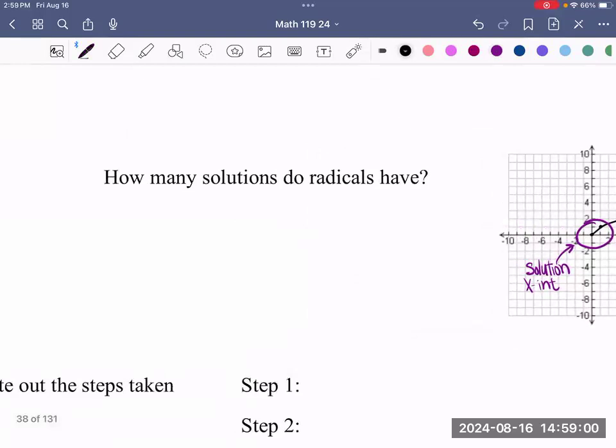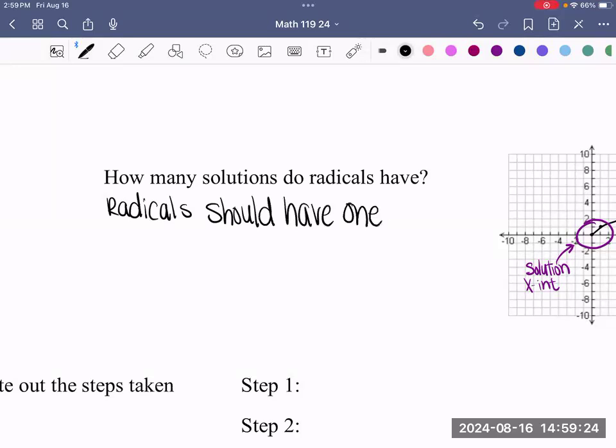So be super cautious if you do have 2 solutions for your radicals. Check both of them, because more often than not, you're going to come up with a negative or an extraneous solution. So radicals should have one solution.